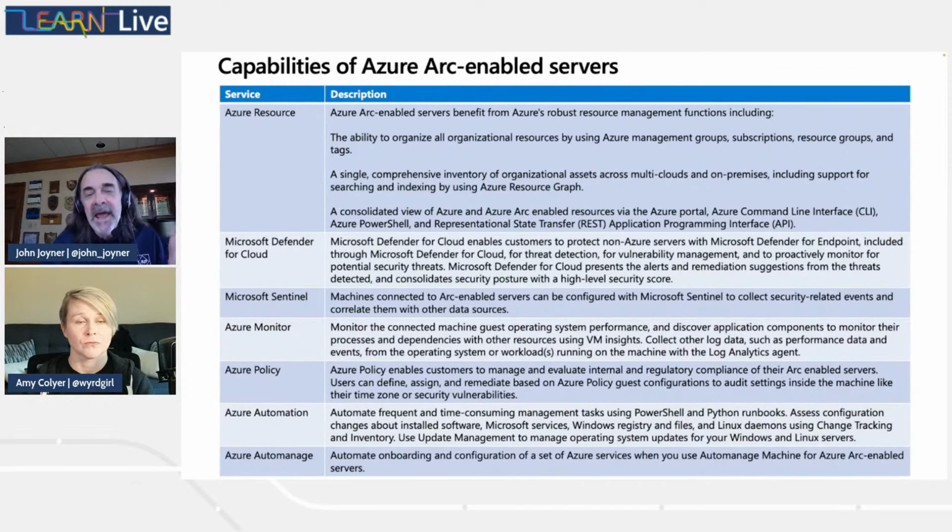I can tag my servers regardless of OS or location. I can control security access. I can assess costs. All of these things come free with snapping into the Azure Resource Manager model.